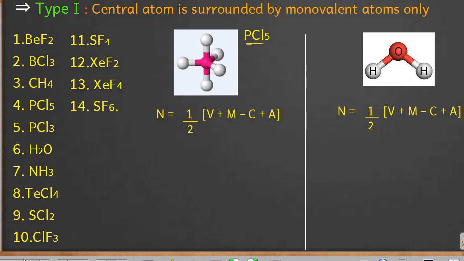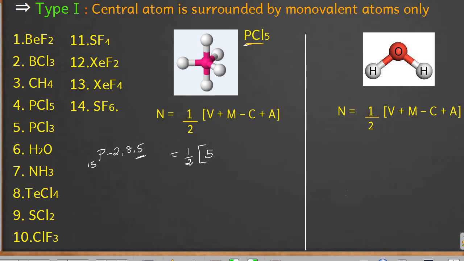Phosphorus is a non-metal with atomic number 15, so the electronic configuration is 2, 8, 5. We have to substitute the valence electrons for V. P is the central atom here.